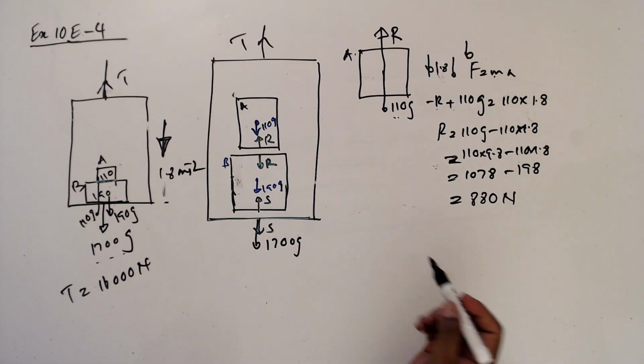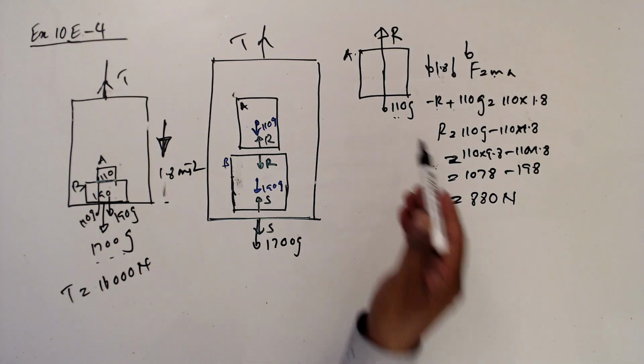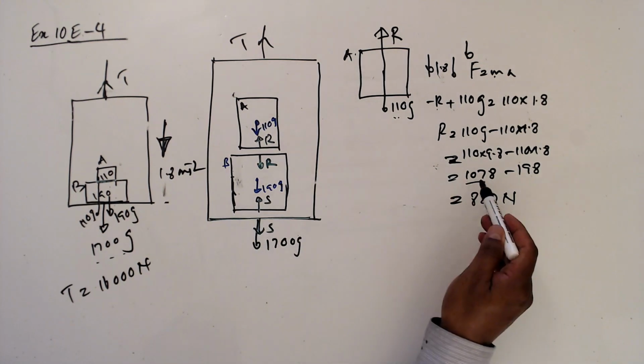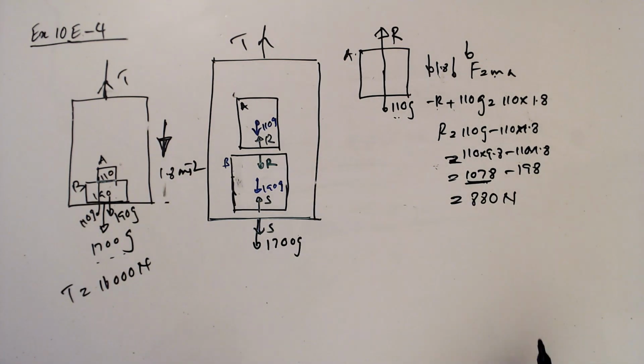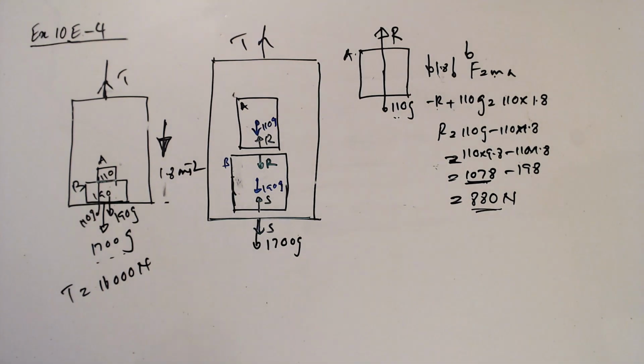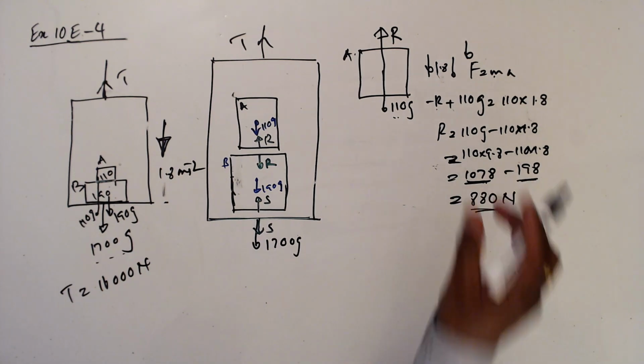Now this is a good example of what happens in your lift. What is the actual weight of A? The weight of A is 1078 Newton. But what you really feel is that 880 Newton, which is 198 less than the weight.